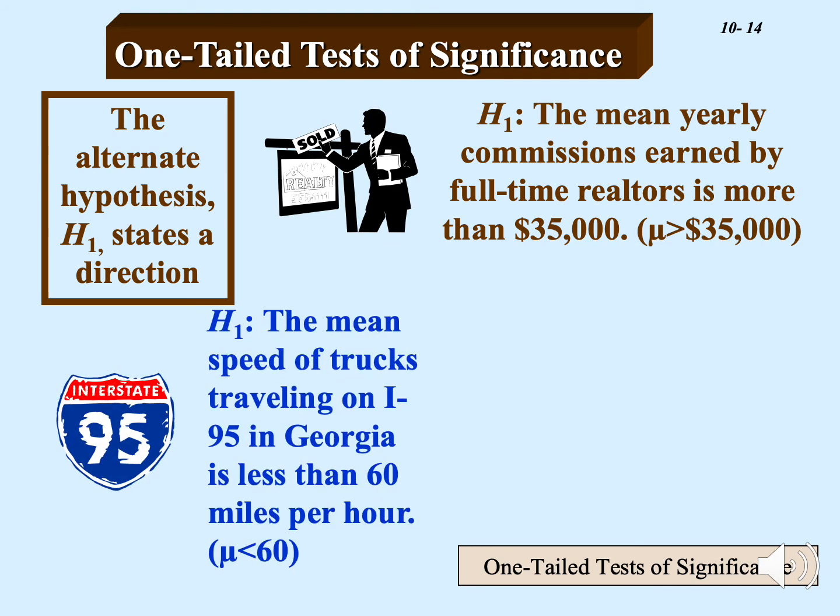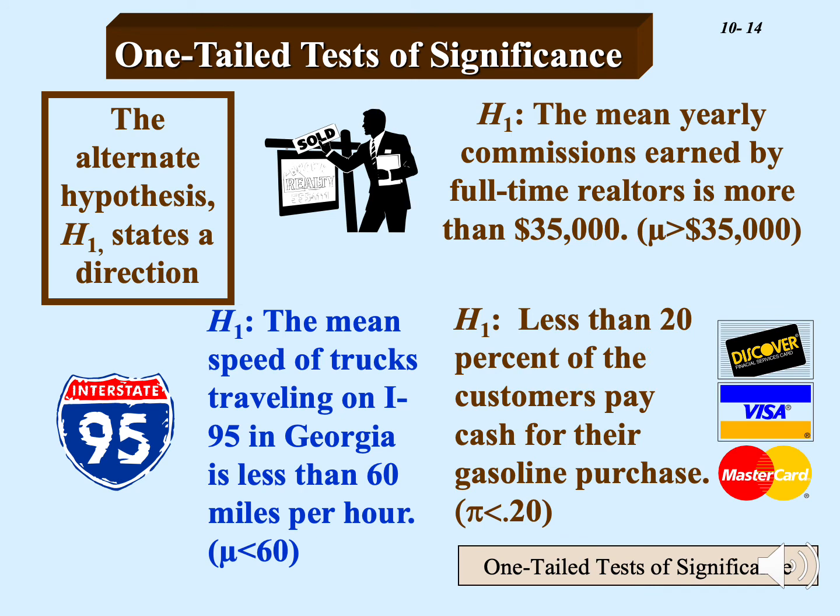Or the mean speed of trucks traveling on I-95 in Georgia is less than 60 miles per hour. So it's so clear that it's less than 60, so it's one-tailed or one-directional. Or another example, less than 20% of the customers pay cash for their gasoline purchase. So it's so clear that it's less than, so it's one-directional.